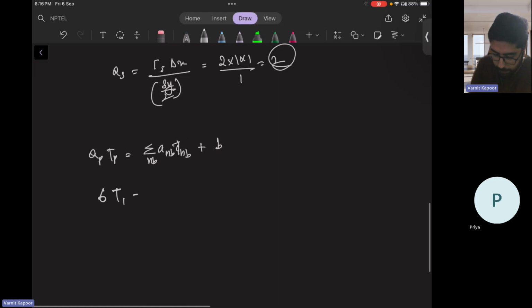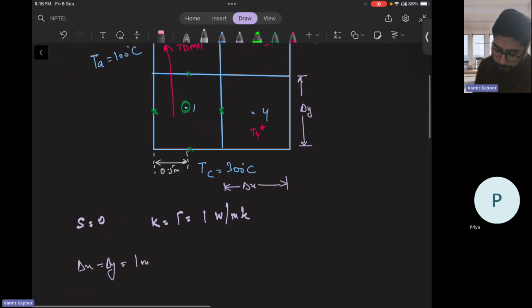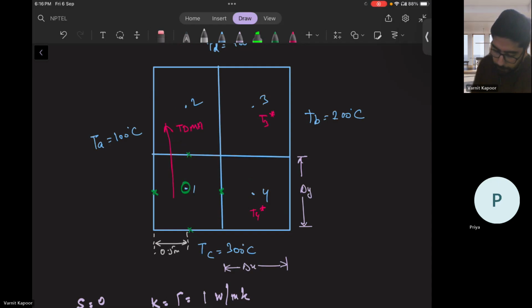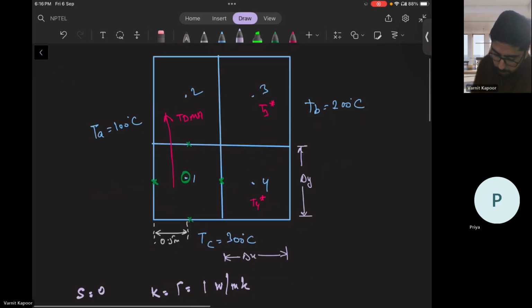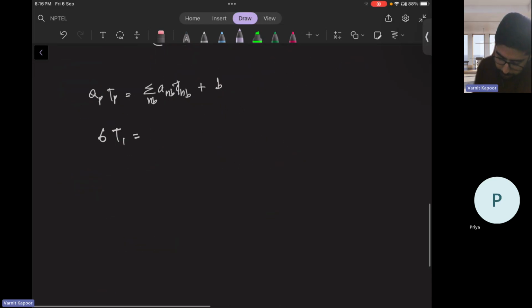So 6 T1 is equal to... If you observe here, T2 is unknown and T4 is unknown, whereas the west and the south nodes are directly the boundary nodes.